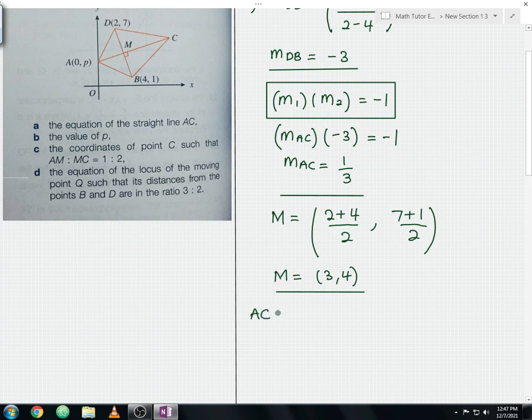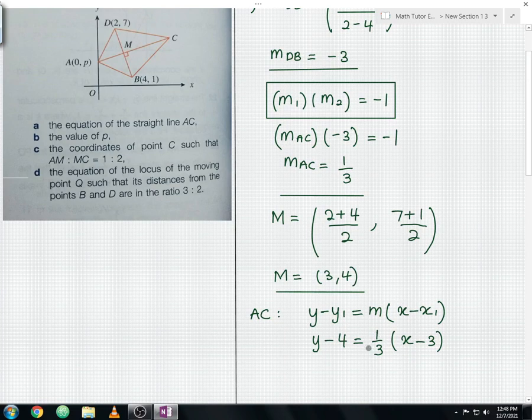For the straight line equation AC, we're going to use the formula y minus y1 equals m in a bracket x minus x1 close bracket. We're going to substitute the coordinate M and the gradient of the straight line AC into the equation. So y minus 4 equals 1/3 in a bracket x minus 3 close bracket.